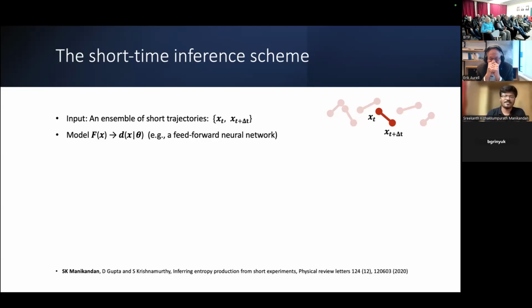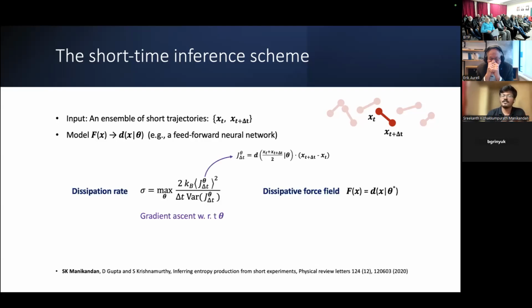But right now, we are working with very simple feed forward type neural networks. And then you perform a gradient ascent of this cost function, which is this thermodynamic uncertainty relation given cost function, where at each step in your optimization, you update your force field, which is now a neural network, trying to maximize this value.